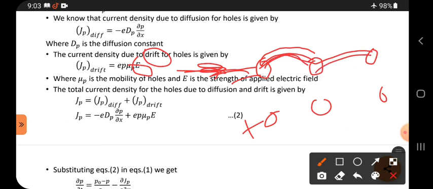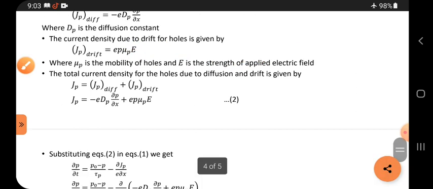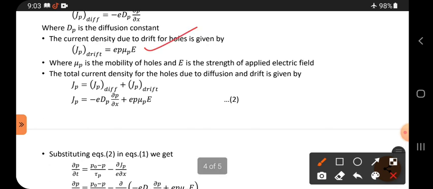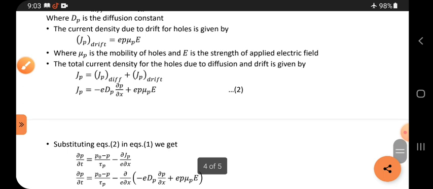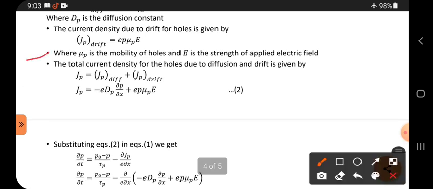This is called drifting. This drift current density is directly proportional to the concentration of holes, the mobility of charge carriers, and the electric field. If holes increase, density increases; if mobility increases, density increases; if the electric field increases, density also increases. Here mu p is the mobility of hole and E is the strength of the applied electric field.